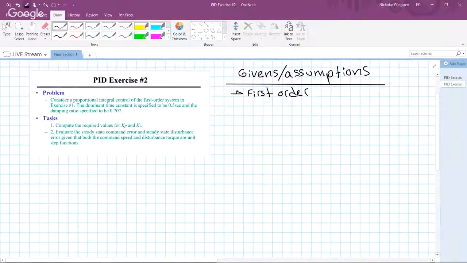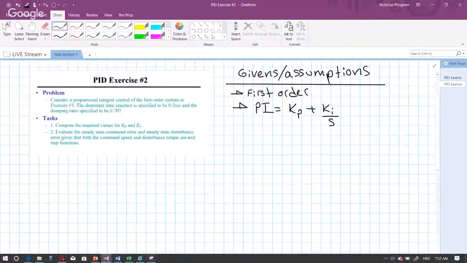That block diagram displays only a proportional control. So this one has a PI, which is equal to K sub P plus K sub I all over S. So that's the big difference.